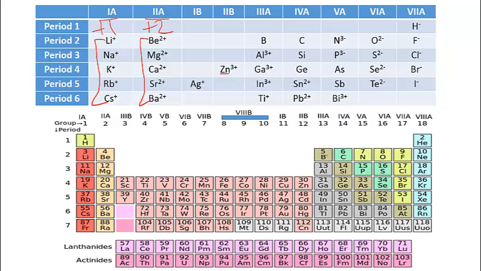Group 3A, boron doesn't tend to form a cation at all. But aluminum and gallium and indium all form 3+ cations. Thallium forms a cation equal to its group number minus 2.